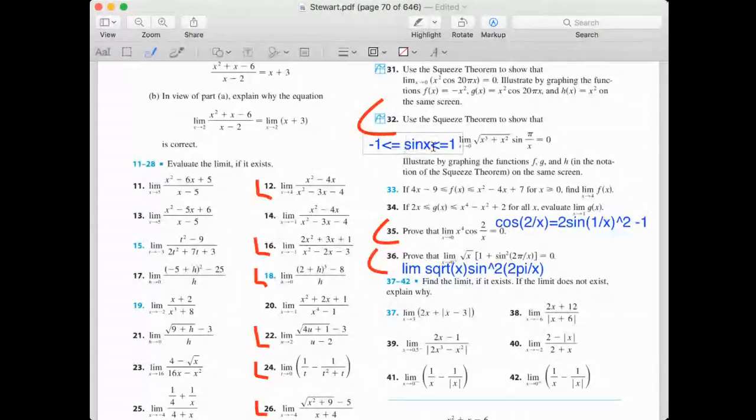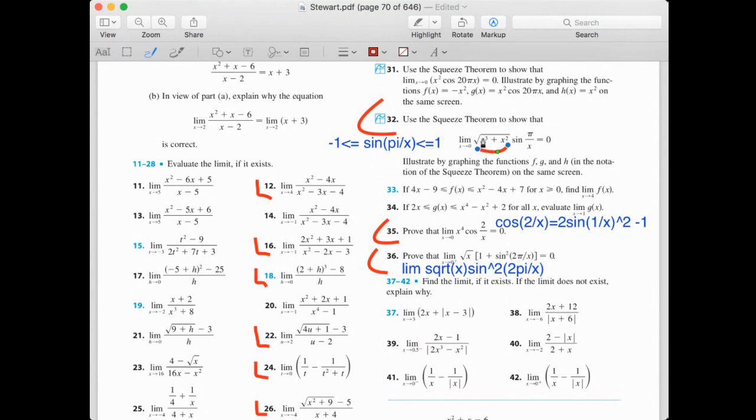So sine of any angle, in this case sine of pi over x, has a value bounded between 1 and -1. Then for the left-hand side, the right-hand side, and also the middle, so 3 terms here, we multiply by the square root of x cubed plus x squared. We multiply this term.